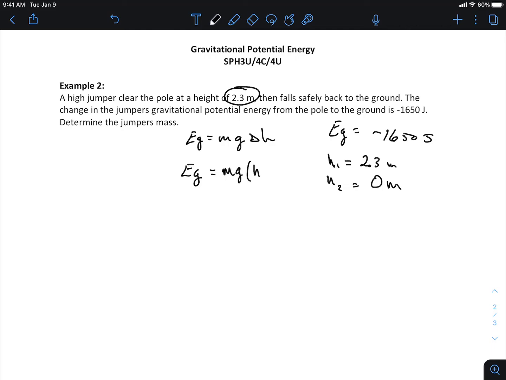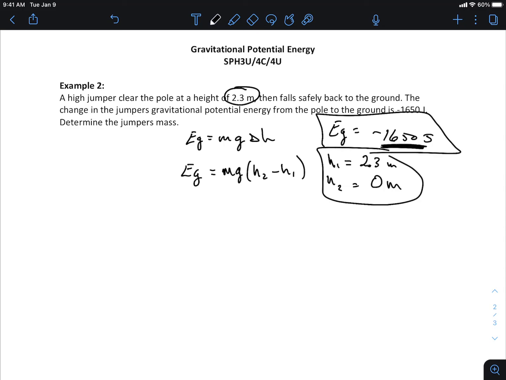Delta h is h2 minus h1. Well, you just plug in the numbers, right? We know all this information. This is how this comes out to be negative, when your finishing point is lower than your initial point. And we're going to see that when I plug in the numbers, right?